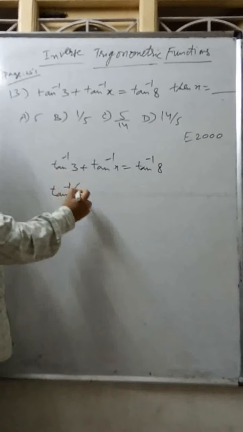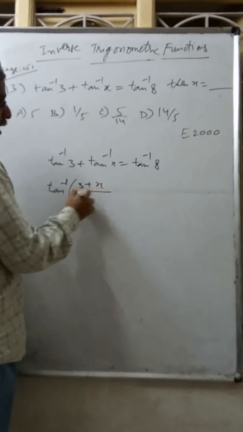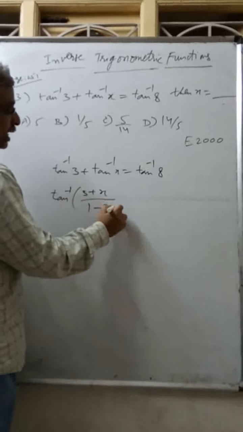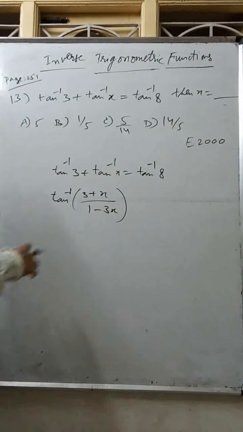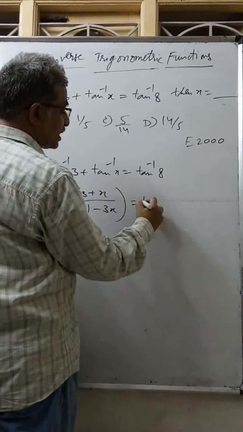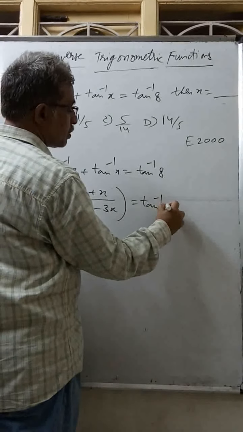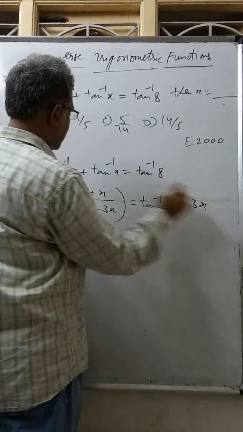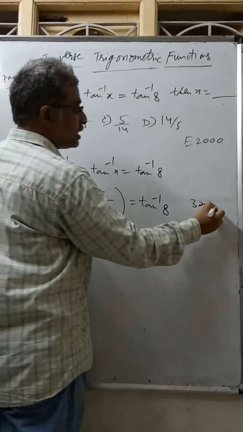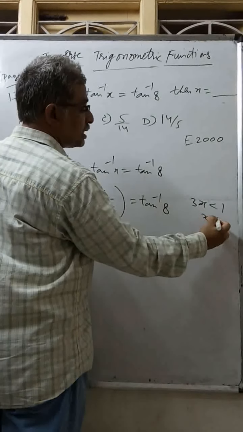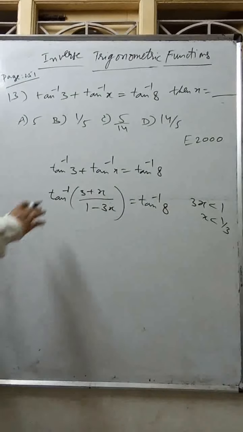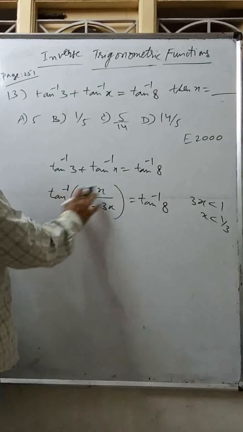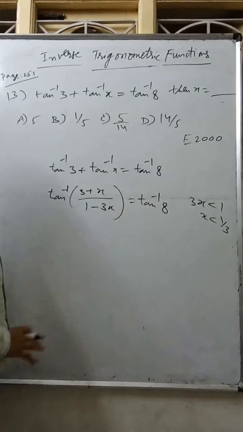One is tan inverse of x plus y by 1 minus xy. This is possible only if xy is less than 1. So I need to take xy less than 1. Here this is x, this is y, so 3 into x is less than 1, so x is less than 1 by 3. This is the first point we need to take. Now coming to the formula, tan inverse of x plus y by 1 minus xy is used, no problem.